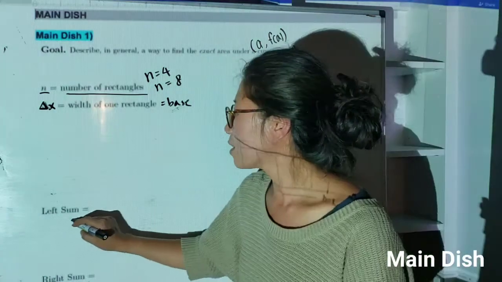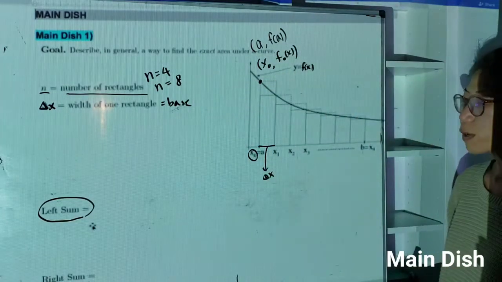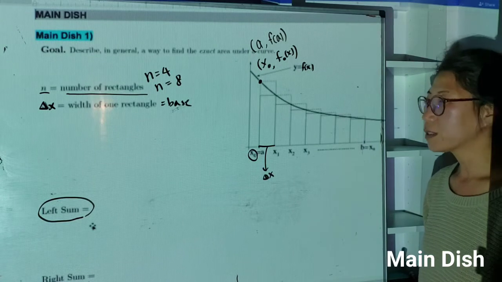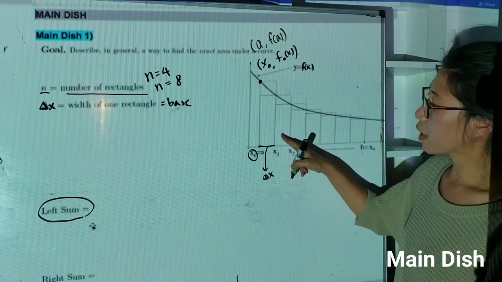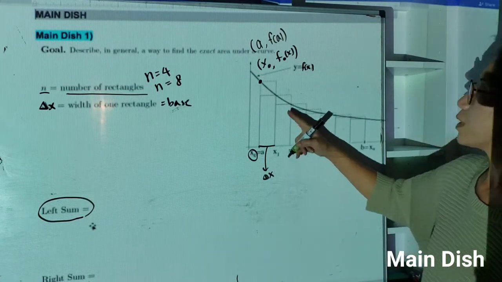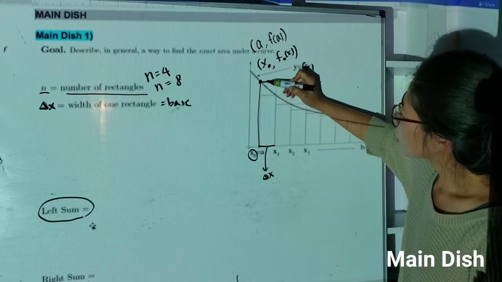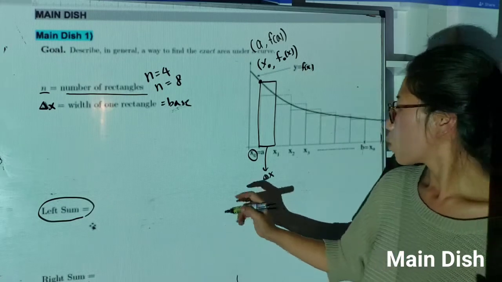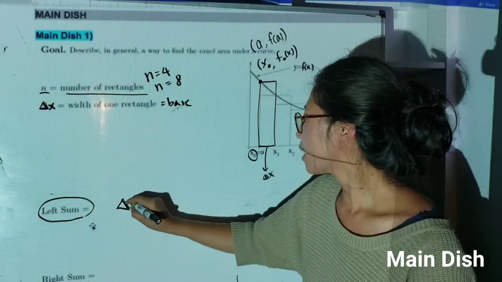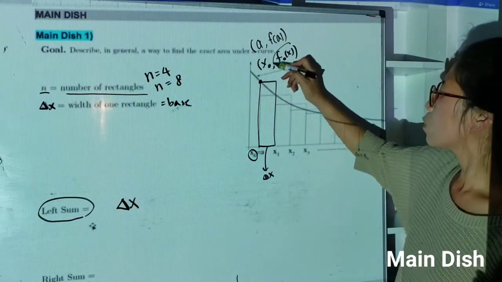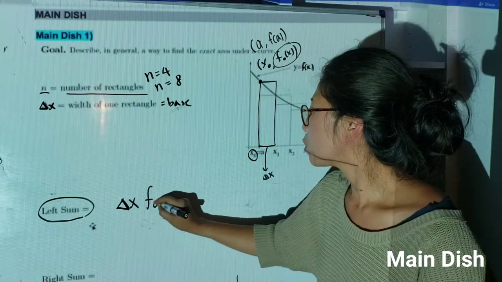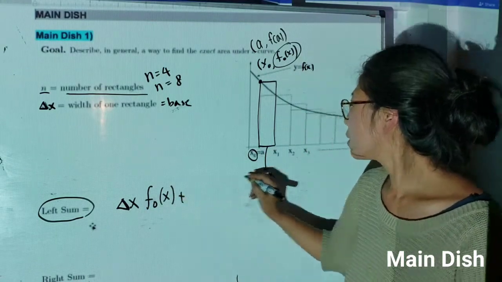Then let's try to find the left hand sum. All we want to do is find the Riemann sum here. So look at your graph carefully. Will my left hand sum be an over or underestimate? Do you see that it's going to be an overestimate? So this is going to be the first one. I'm going to write the base as delta x, and then the height, which we write as f of x0, plus the next one.